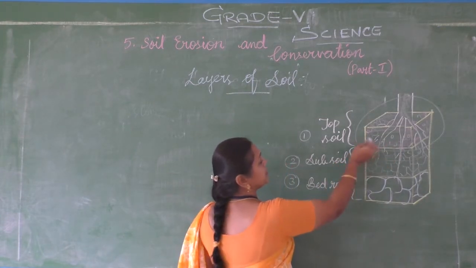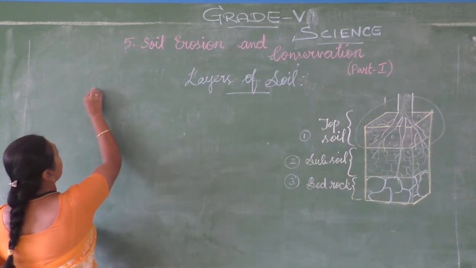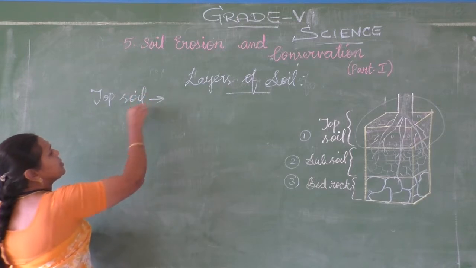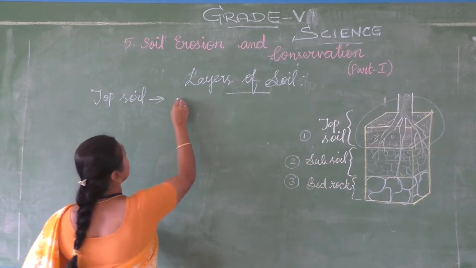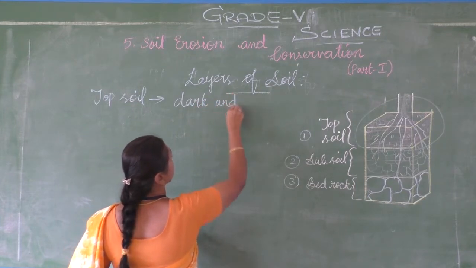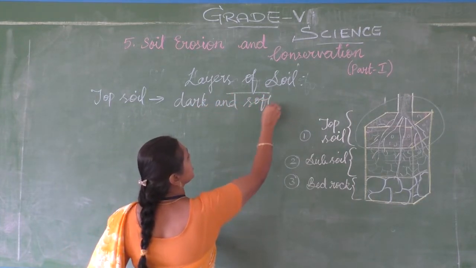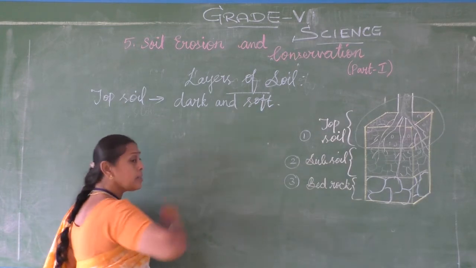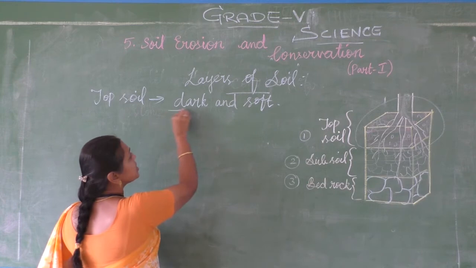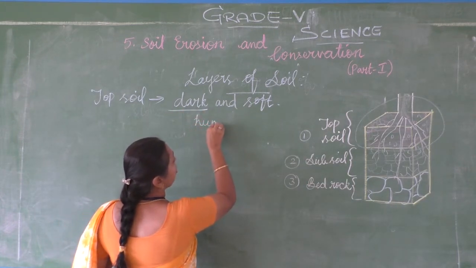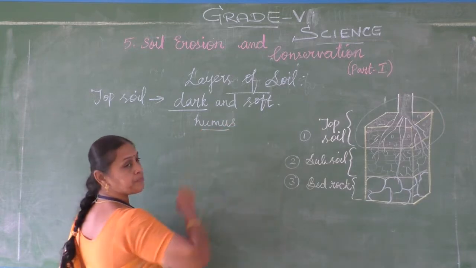So in the top layer, now we are going to study about the topsoil. This topsoil will be dark in color, dark and soft. Now only I said about texture, is it not? How this topsoil is dark and soft. And this darkness is due to the presence of humus.